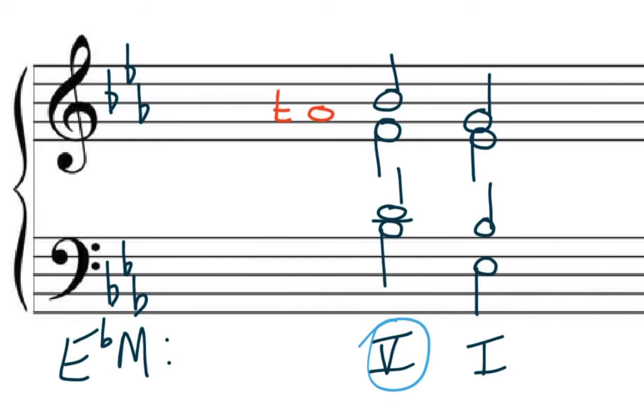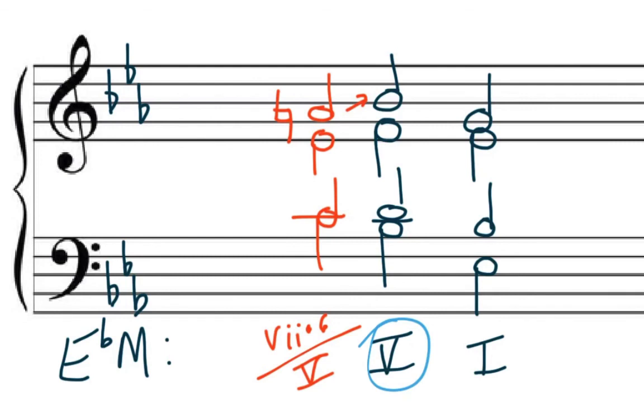That would be a secondary leading tone that points to B flat. But instead of making it a dominant chord, maybe I would actually make a leading tone 6, a leading tone chord of the dominant. So now I have, with the A natural, which is a chromatic alteration, and then my dominant, and then my tonic.